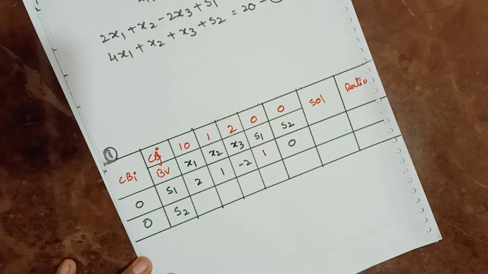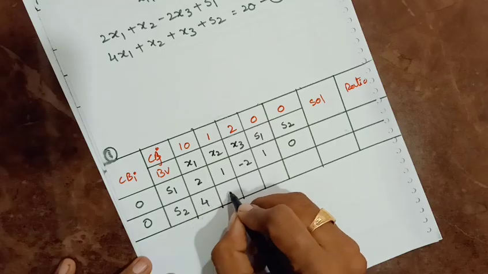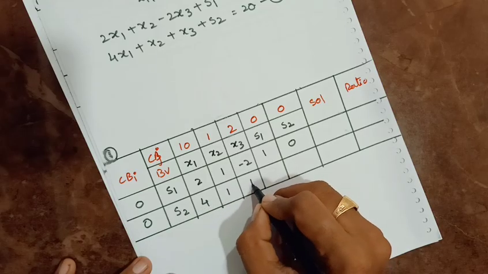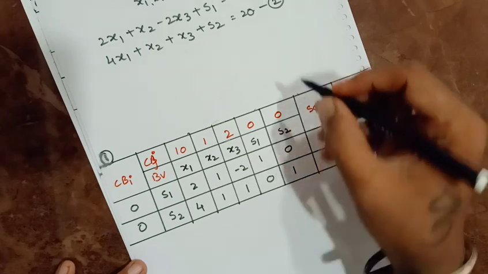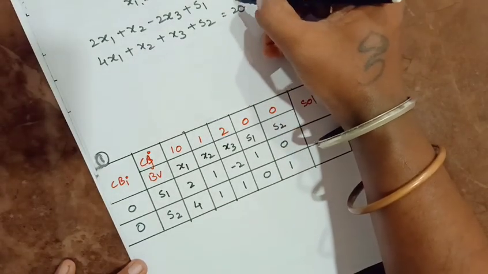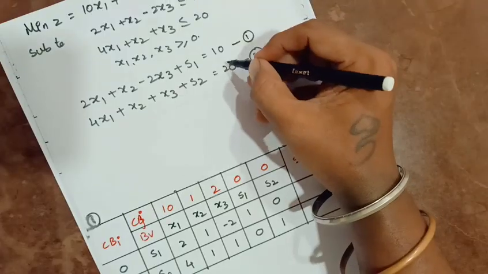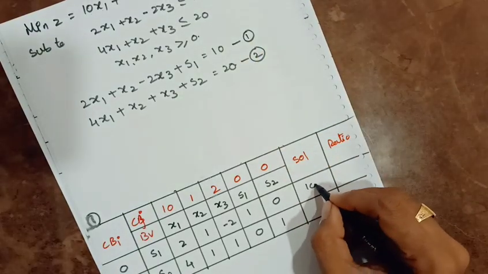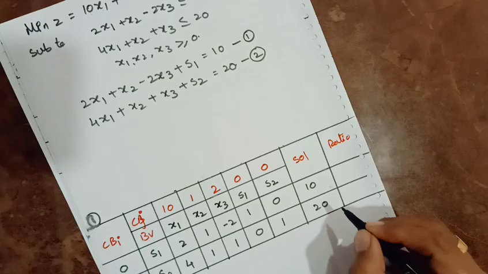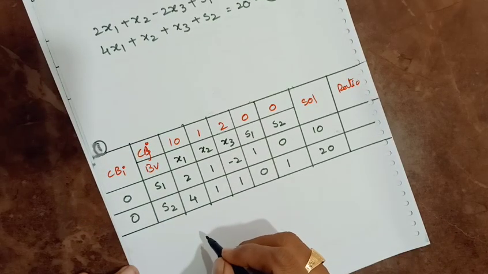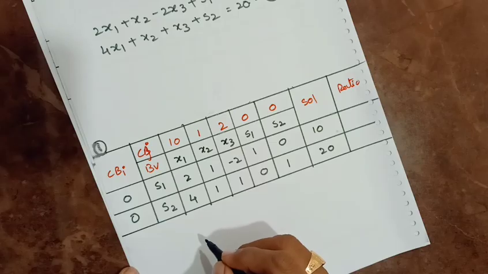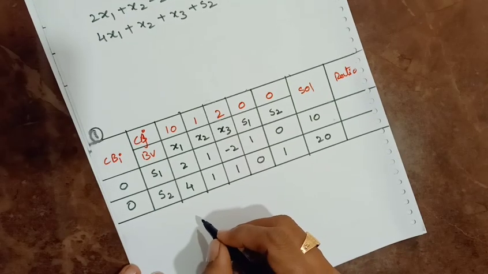And here for s2 also 4, 1, 1, 0, 1. And here in the solution, what do we have? 10 and 20. So I am writing here 10 and 20. Now this is the first iteration table.